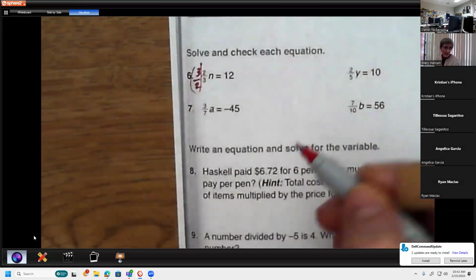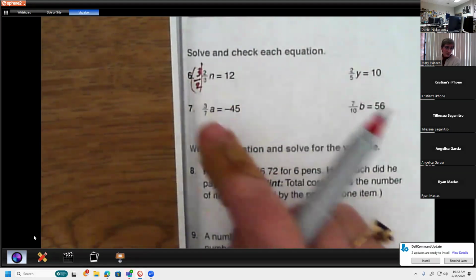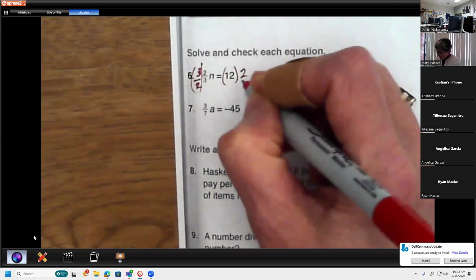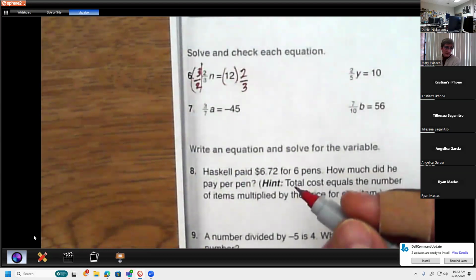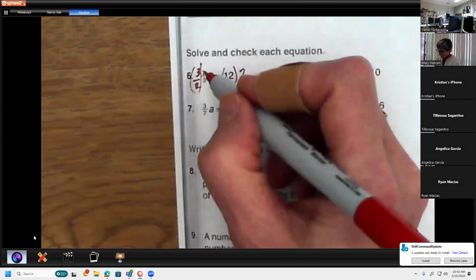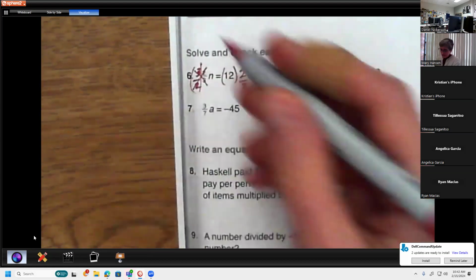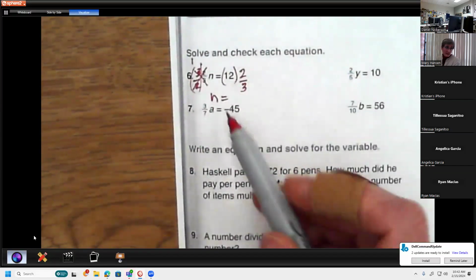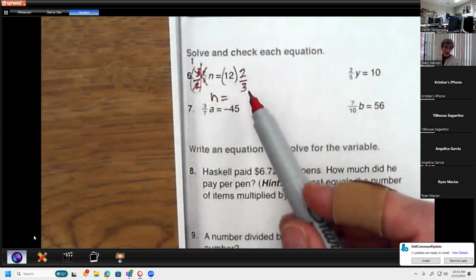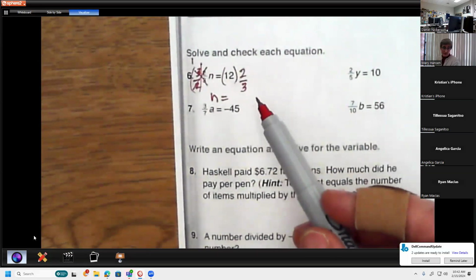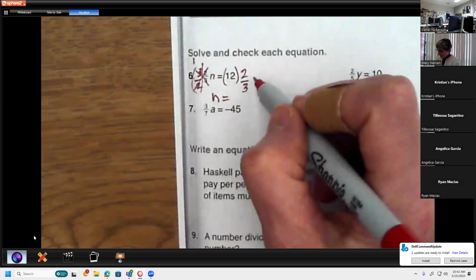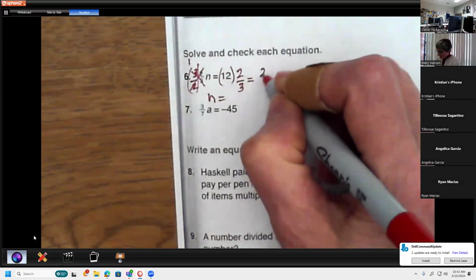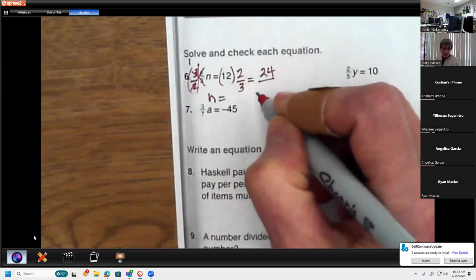So I'm going to multiply that times 2/3. And I'm going to take 12 and multiply it times 2/3. These cancel each other out and leave me 1. And so n is equal to whatever 12 times 2/3 is. One way to do it is multiply across the top. 12 times 2 is 24.